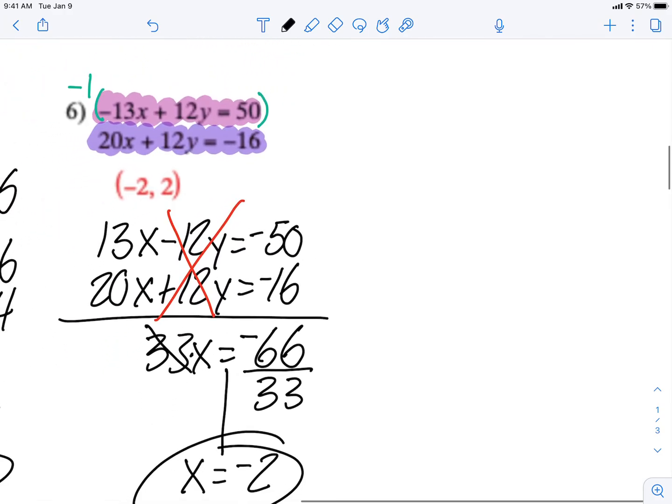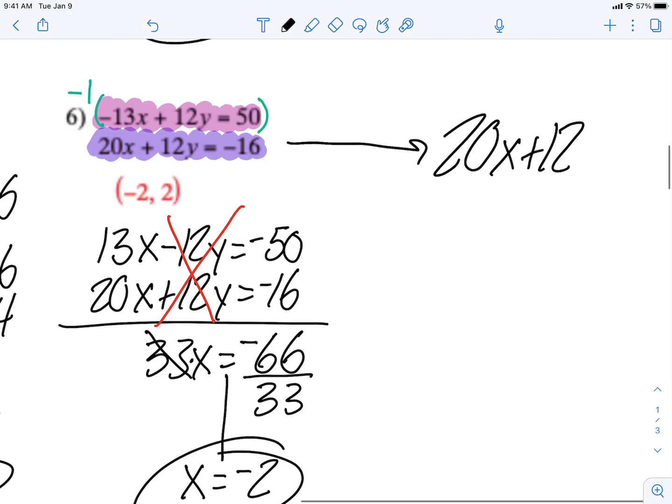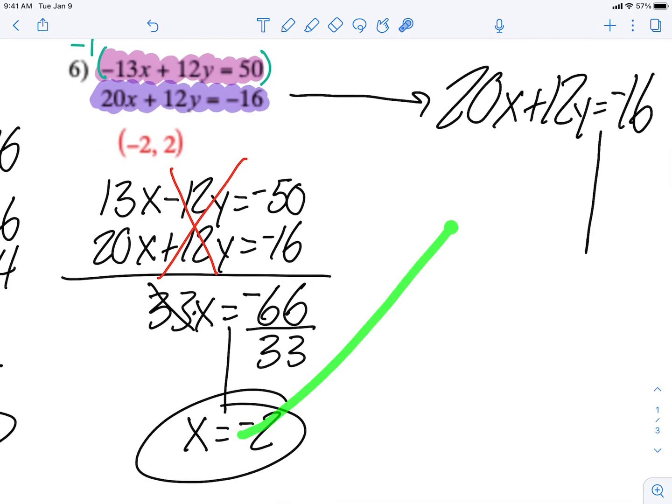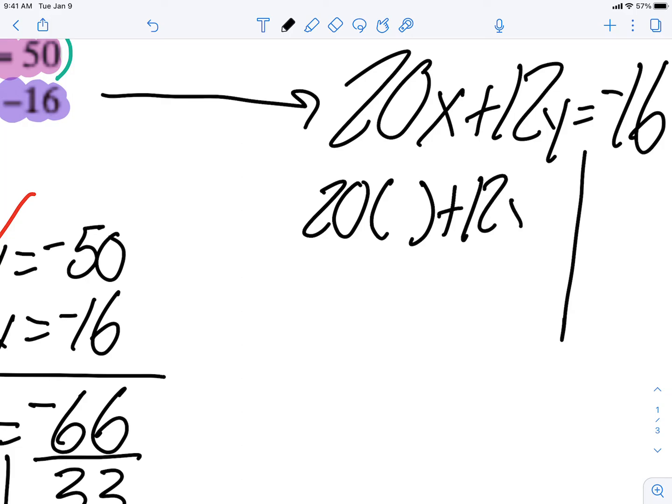I'm sure you guys have noticed I like to pick purple a lot. 20x plus 12y is equal to negative 16. So, since I have x here, this x is going to be parentheses. So, 20 parentheses plus 12y, negative 16.